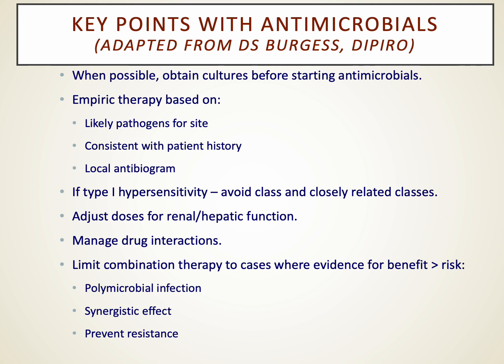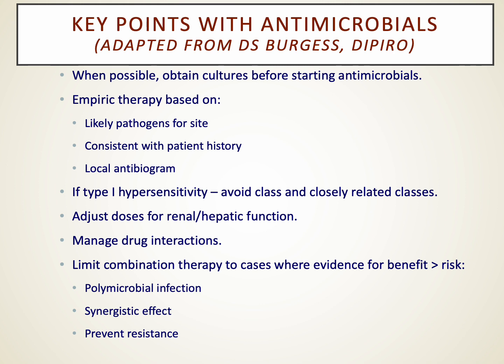So there are a number of considerations, and one of the Bibles associated with pharmacotherapeutics is a text authored by DiPiro, and their basic principles are, and I think clinicians agree with this: getting cultures before we start antibiotics whenever that is reasonable and possible to do, basing empiric therapy on the likely pathogens for the site. That's also consistent with the patient history, looking at the local antibiogram.